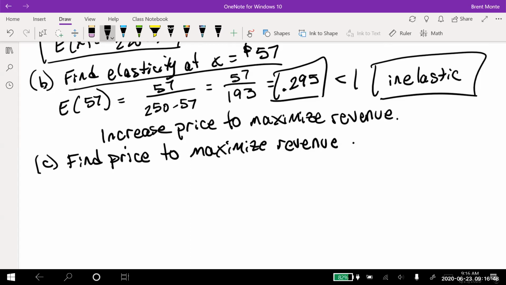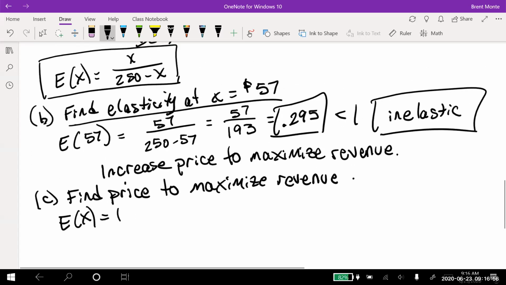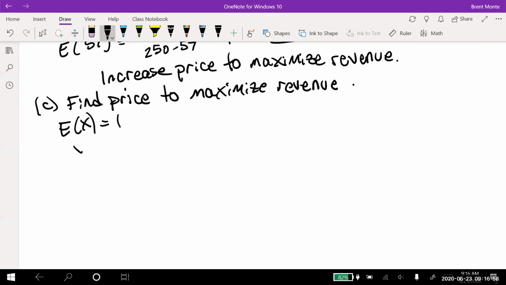Well, let's see. So remember, to do that, we set E of X equal to 1 and solve. So we had X over 250 minus X equals 1. We're going to multiply both sides by the 250 minus X to clear the fraction. So those cancel.